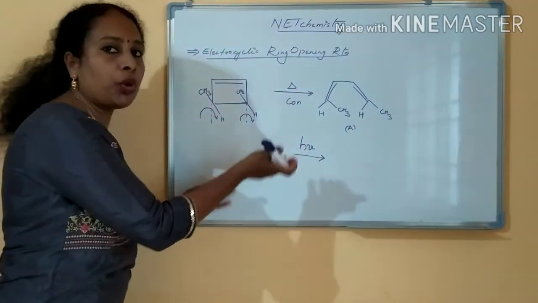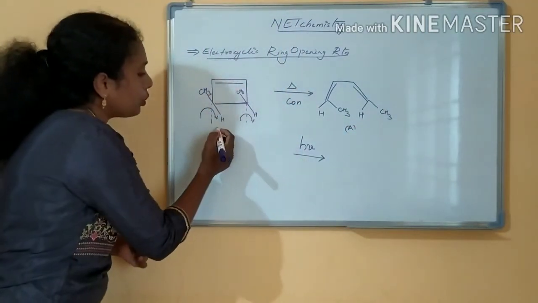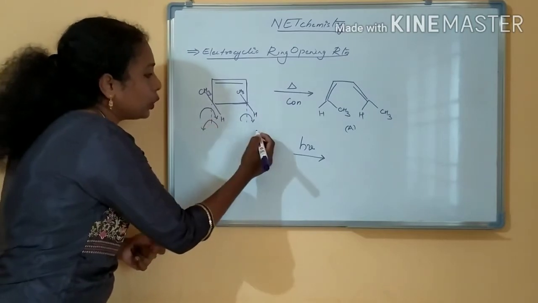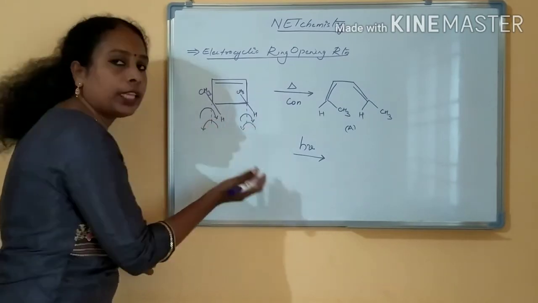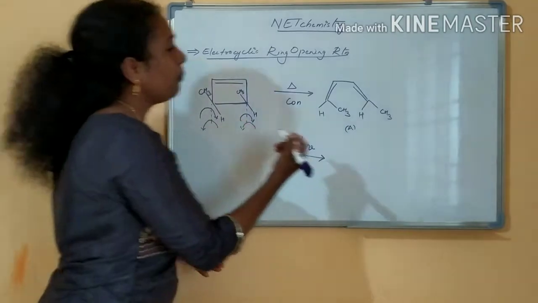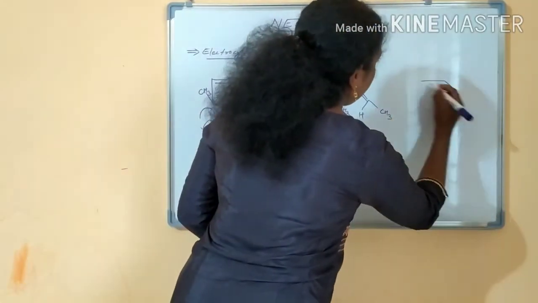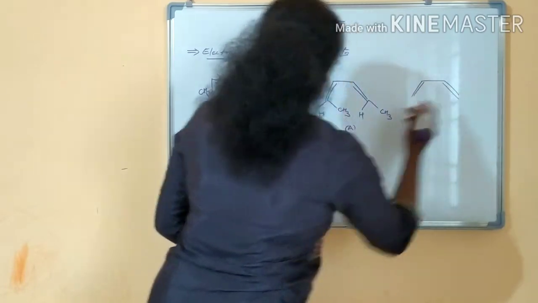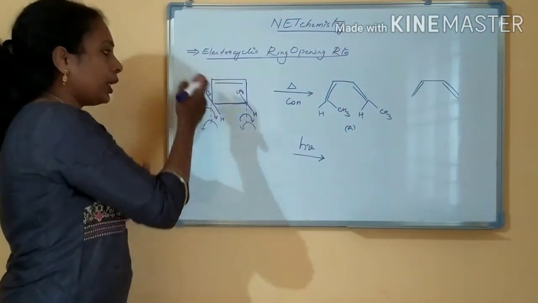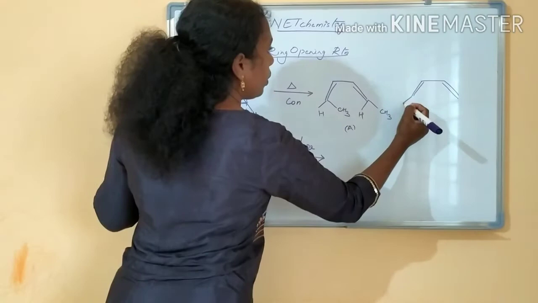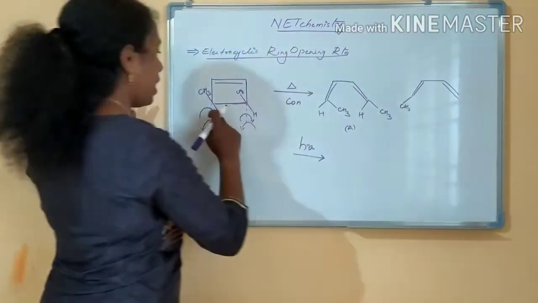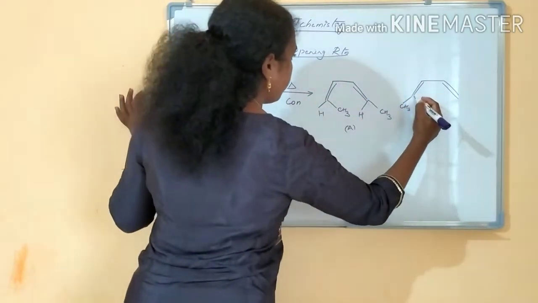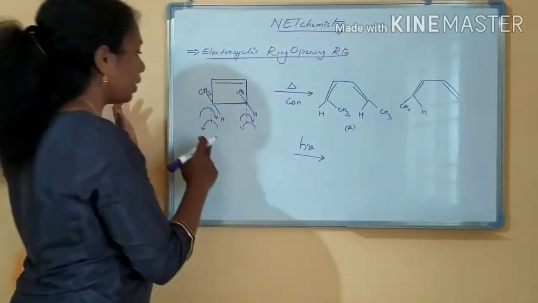And one more possibility is there: both bonds rotate in the anti-clockwise direction. Now I am seeing the product, 1,3-butadiene. If it is rotating like this, CH3 will go outside and hydrogen will come inside, right?